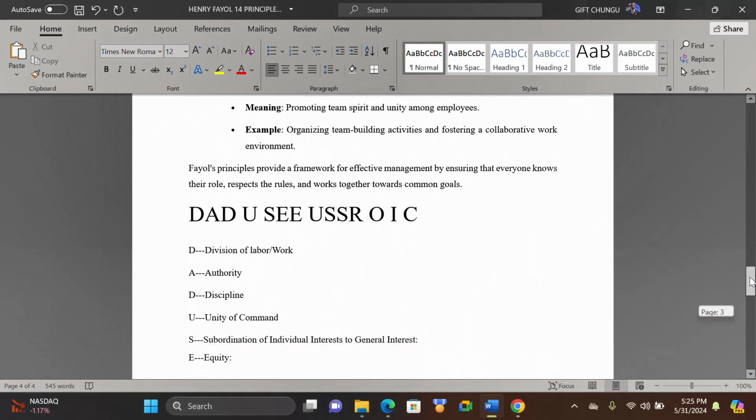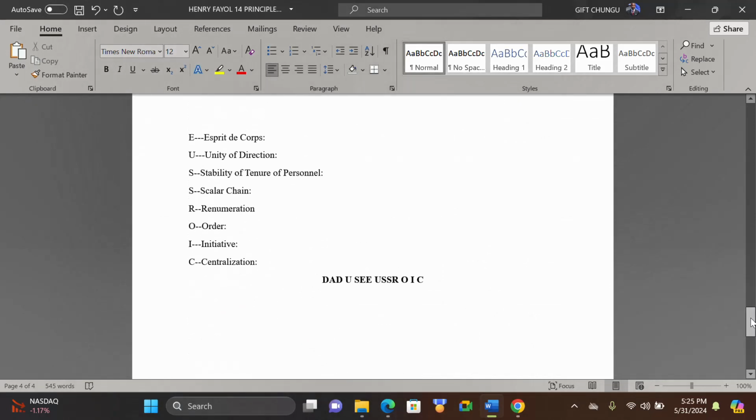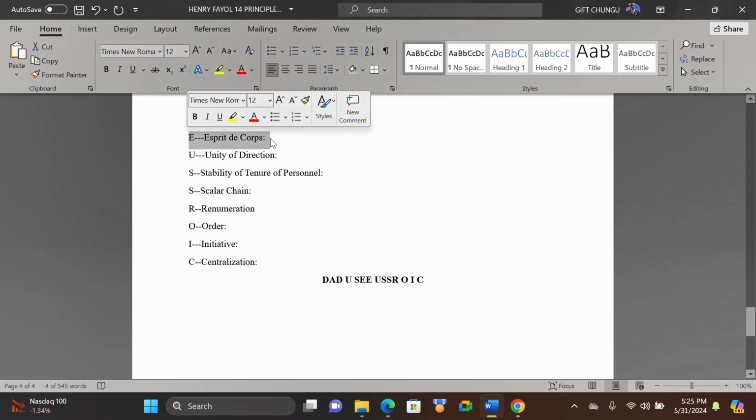What we are looking at is teamwork, working together, making sure that you work together as a company. That is esprit de corps. And this is French because the man who came up with these 14 principles is Fayol, who is a Frenchman. So that is what we are looking at.